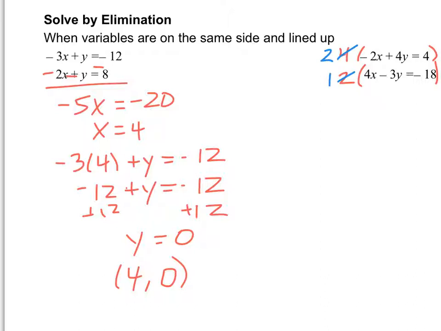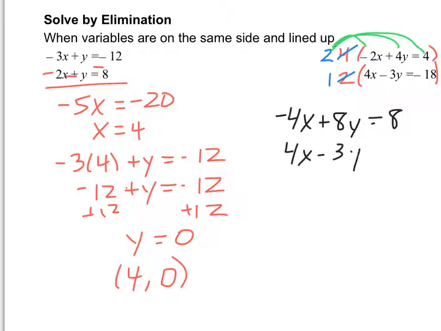So we've switched, we've simplified, and now we're going to multiply or distribute those to everything in my original equation. So my first equation is the only thing that's going to change, because when I multiply by 1, that doesn't change my life. So I get negative 4x plus 8y equals 8, and positive 4x minus 3y equals negative 18.